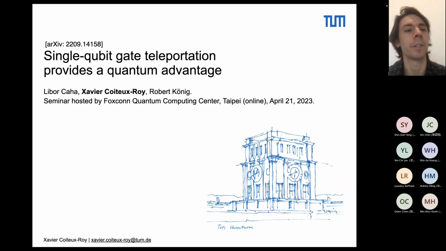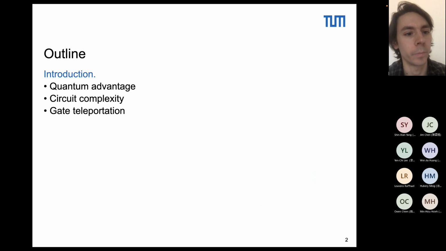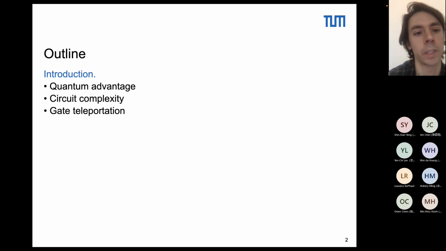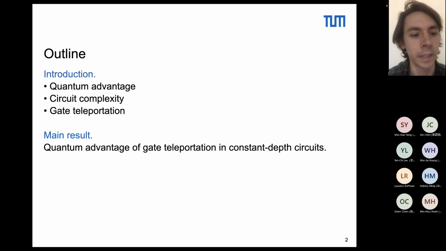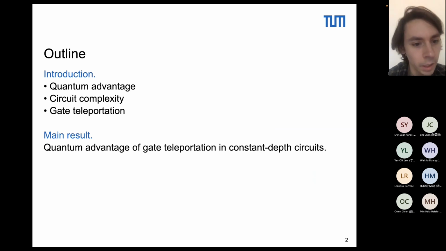Thank you very much for the invitation. The outline of my talk is that I'm going to first start with talking about quantum advantage, circuit complexity, and gate teleportation. I want to introduce these concepts and what we do when we study those objects. Then I want to present the main result, which is the quantum advantage of gate teleportation in constant depth circuits.